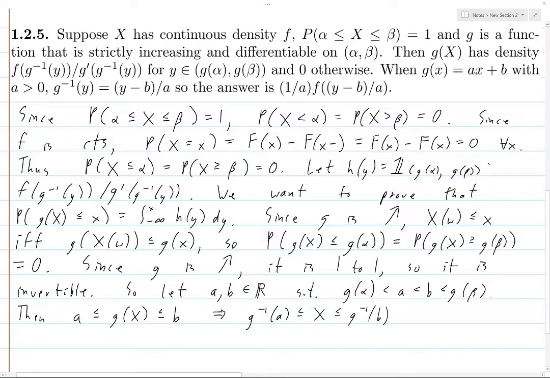Sometimes when you're doing that, if you're doing it in terms of sets, then you need to be careful about inclusions. But here we've actually shown that g has an inverse, and so we don't really need to worry about set inclusions. Because in general, the inverse image of a set is, I forget off the top of my head, either contained in the set or it contains the set.